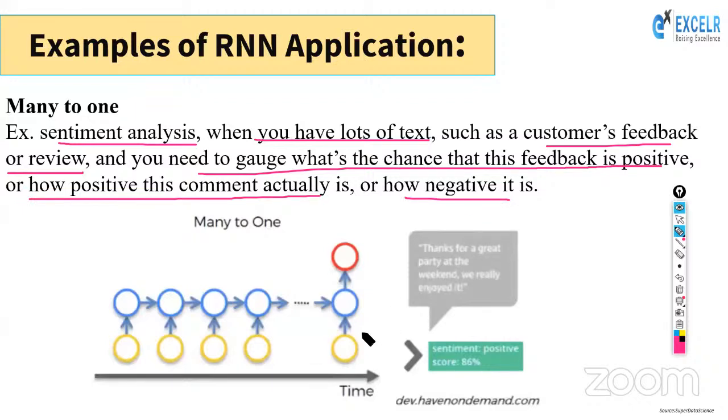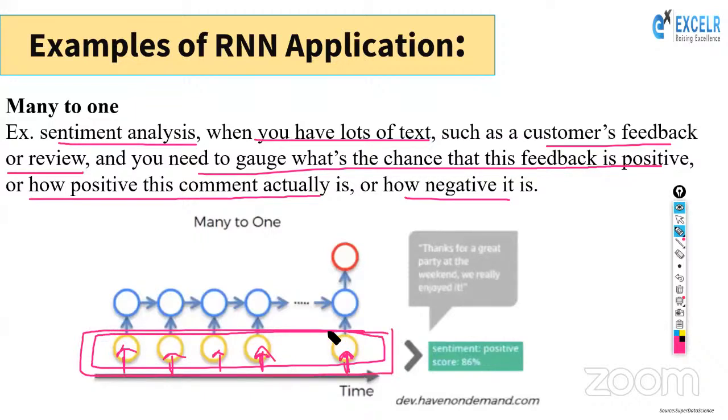That means we are getting feedback from the customer in the form of a sentence with a couple of words. Each and every word is one input, so we have multiple inputs. Just by analyzing these multiple input words, we need to give the output whether this particular feedback is positive or negative. That means my output is only a single word, but my input is a sequence of words. That is the example of many-to-one mapping, right?